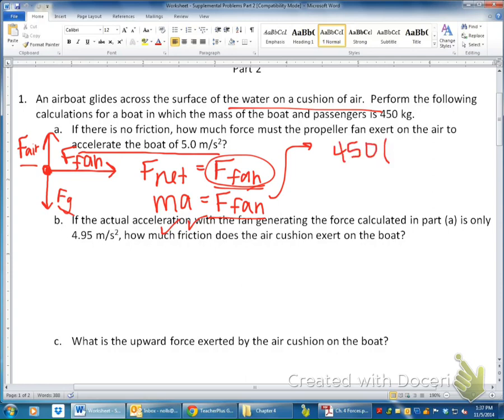Our acceleration is 5. And that's going to be equal to force of the fan. That's how much force the fan will need to exert to get that object to move at that acceleration. And what do we get? Exactly. What are my units then if I'm solving for a force? Newtons. Exactly right.